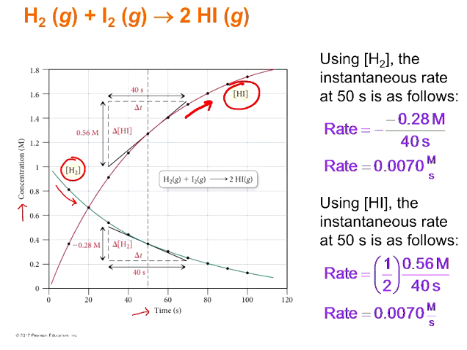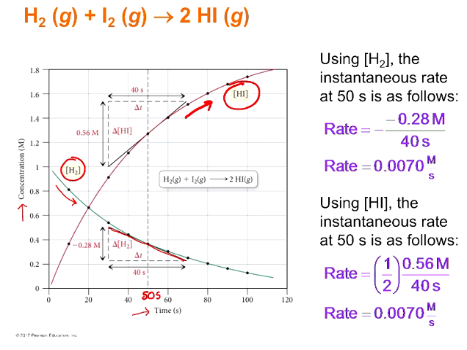Now, if we wanted to determine the instantaneous rate at, let's say, 50 seconds for our reactant, hydrogen, what we do is we draw a tangent line to that point. Of course, I can't draw that very straight, but you get the idea. And then essentially what we're doing here is creating a triangle.